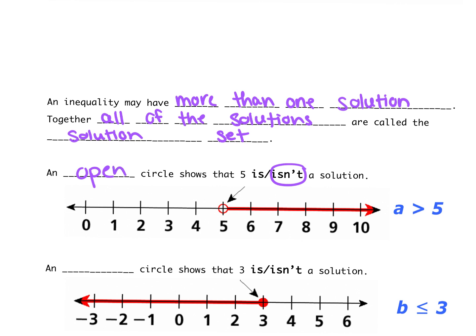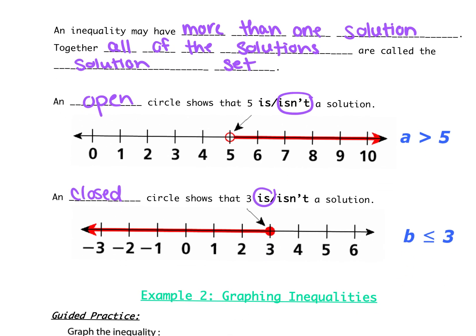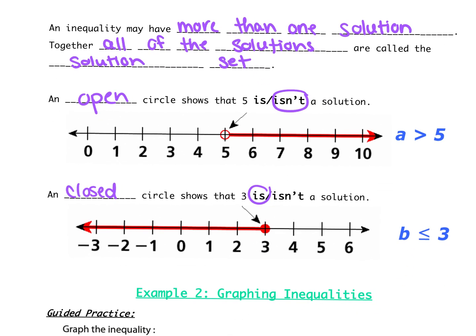There we go. Now, a closed or a filled-in circle shows that 3, for b less than or equal to 3, is a solution. Let me move this up for you guys. There you go. So we can see we filled in the circle because 3 is less than or equal to 3 because it's equal to.